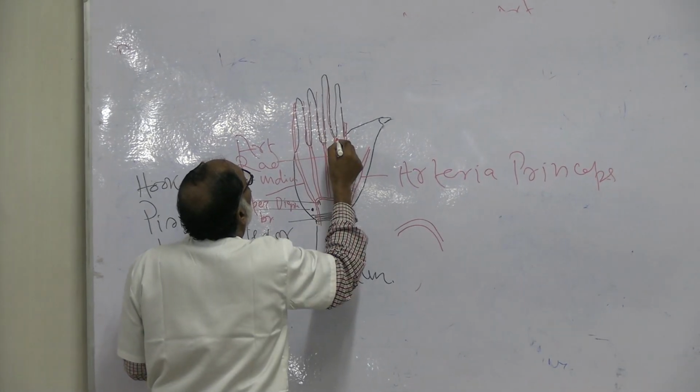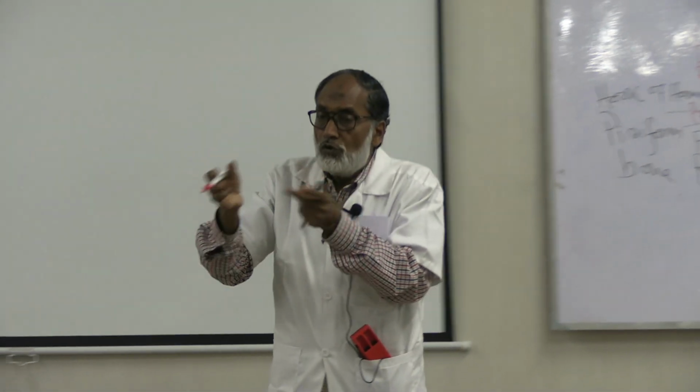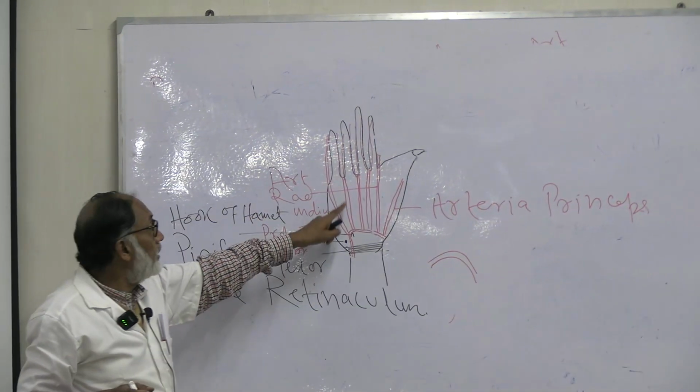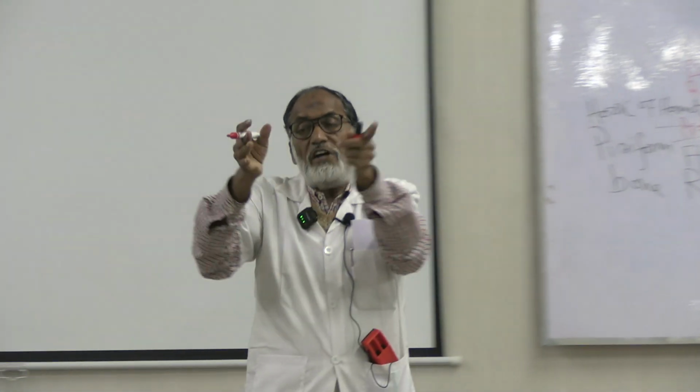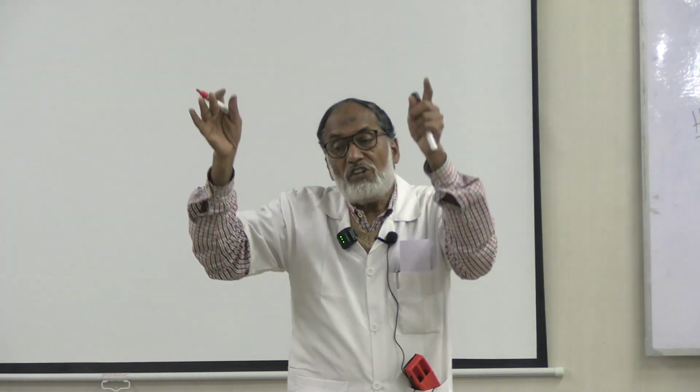তাহলে কমন ডিজিটাল ব্রাঞ্চ will divide into proper digital branch. এখানে ডাইরেক্ট একটা proper digital branch, but here there are three common digital branches. That common digital branch again divides near the web space and will give off the proper digital branch.